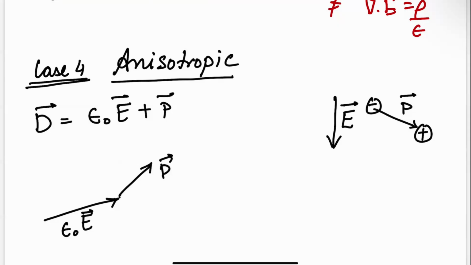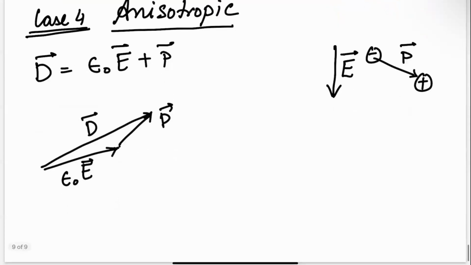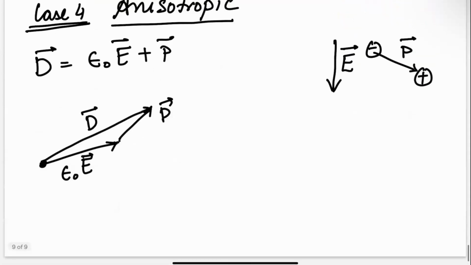And you have to take the sum of these two, which means the D field is here. Right? So in general, in an anisotropic medium, the D and E field are not in the same direction. They actually are in different directions. Okay? So how do you relate them?